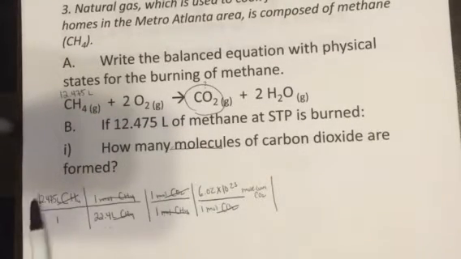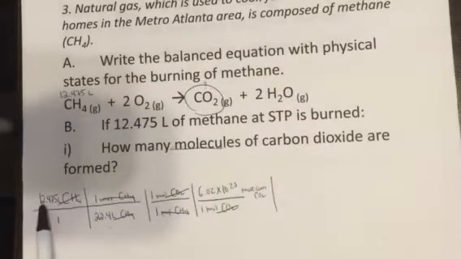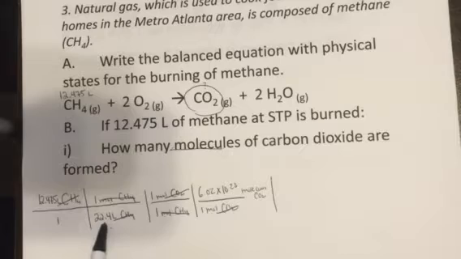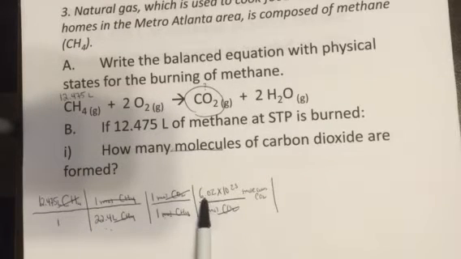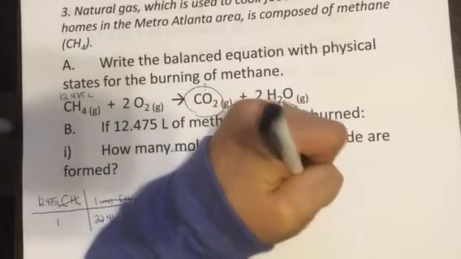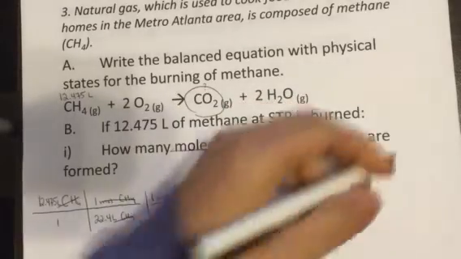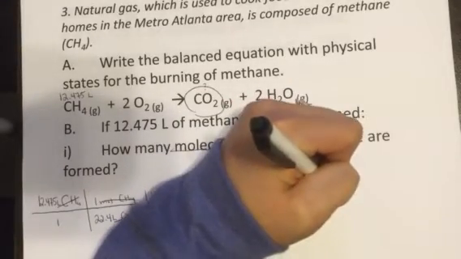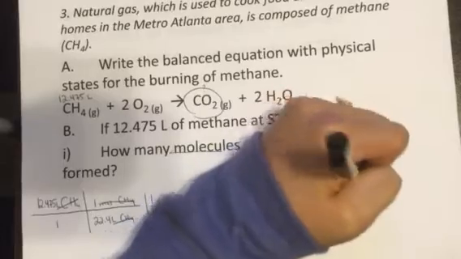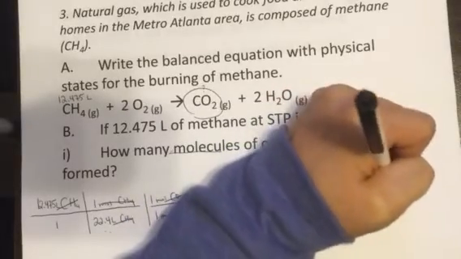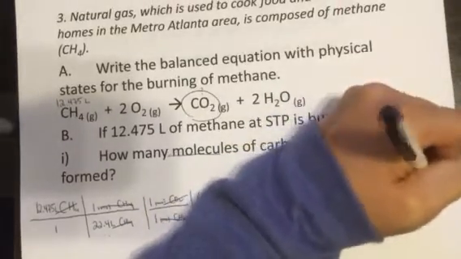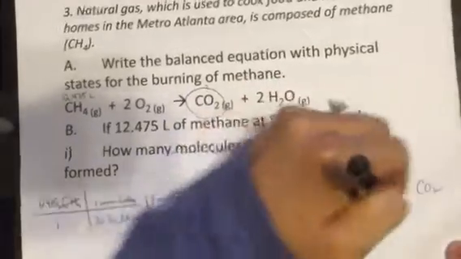Then I am going to have something like, let's see, 12 divided by 22 times 6.02. So I am going to have 3.352 times 10 to the 23rd molecules of carbon dioxide, okay?